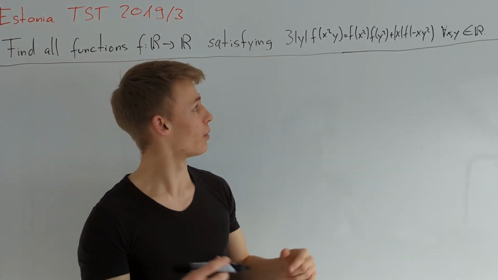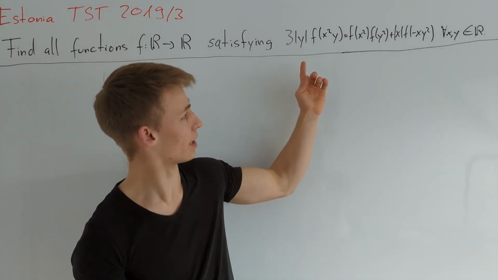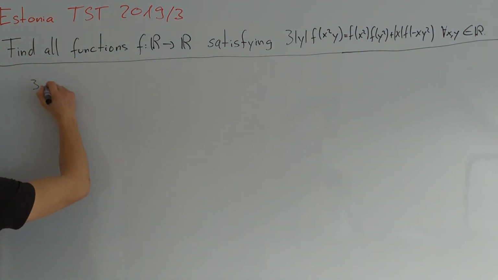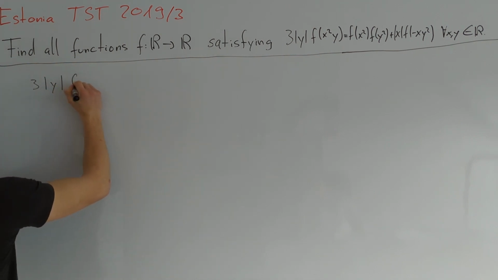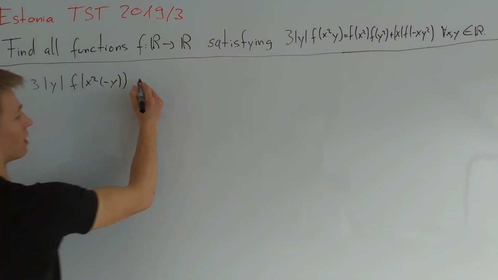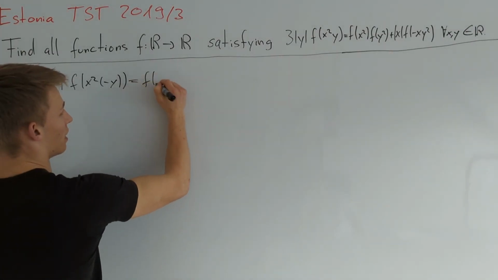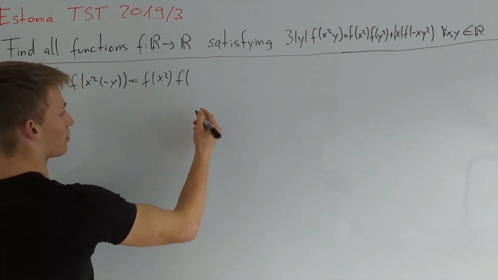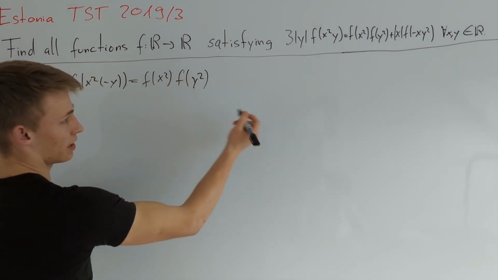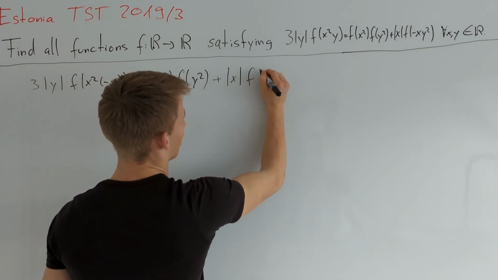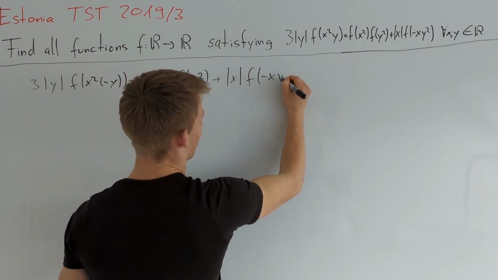Especially if we take y to be equal to minus y in the equation, we get that 3 times the absolute value of minus y, which is also the absolute value of y, times f of x squared minus y is equal to f of x squared times f of minus y all squared, which is y squared, plus the absolute value of x times f of minus x and again y squared.